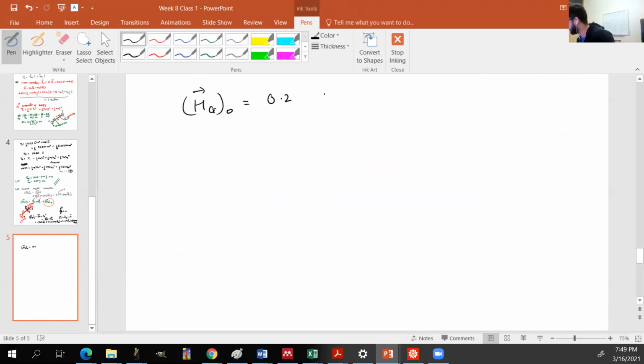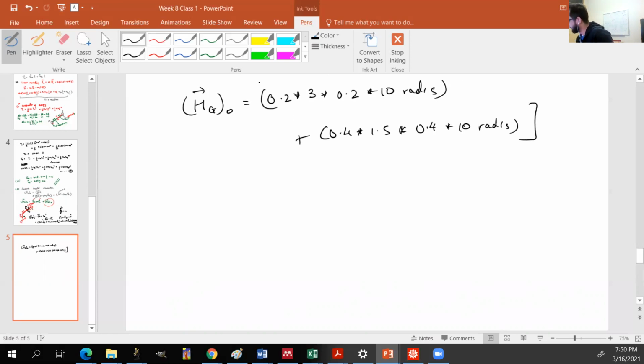So you get 0.2 meters times 3 kilograms times 0.2 meters times 10 radians per second, plus the other one, which is 0.4 times 1.5 times 0.4 times 10 radians per second, and this whole thing is in the K hat direction.